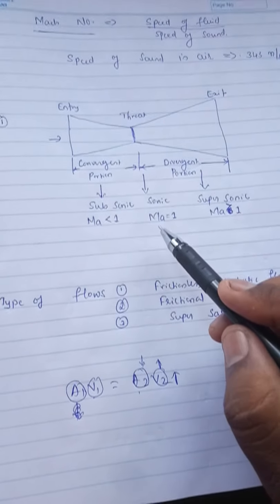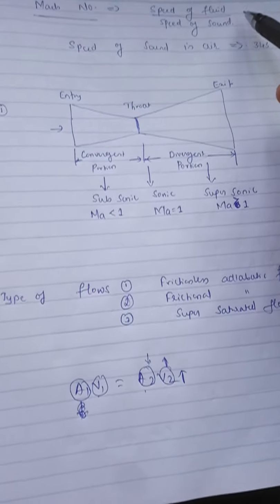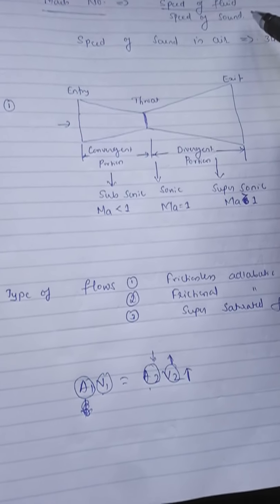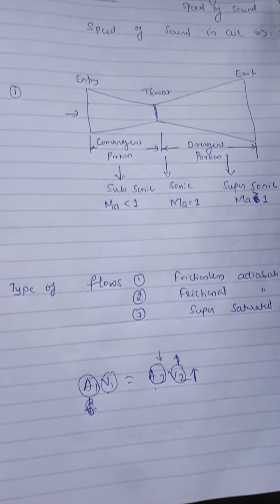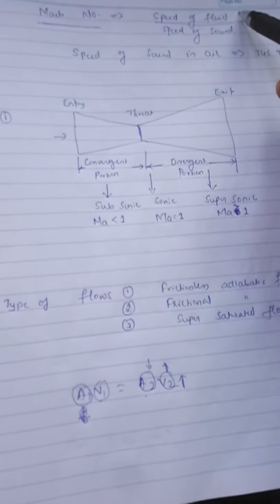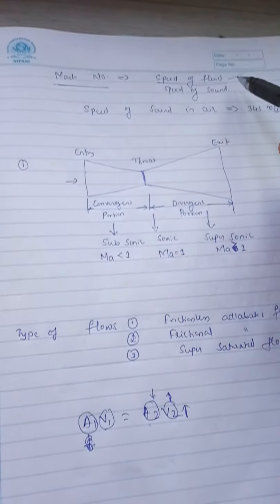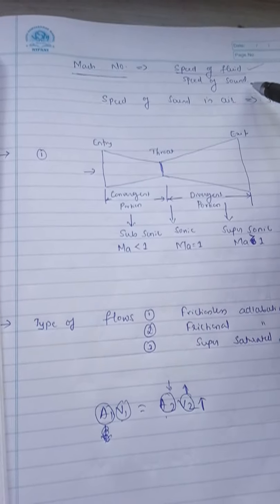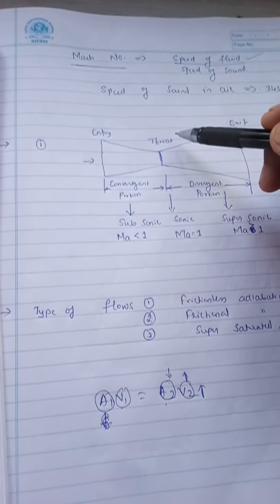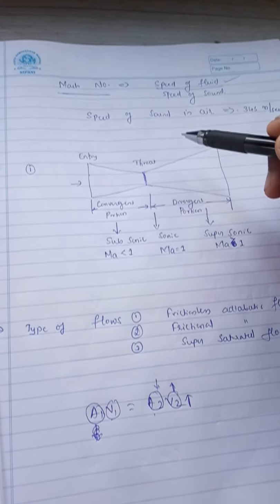At sonic velocity, the Mach number will be equal to 1, meaning the speed of sound is equal to the speed of the fluid. If the speed of the fluid, whatever steam you are supplying, is less than the sound velocity, then it is called subsonic velocity, right?